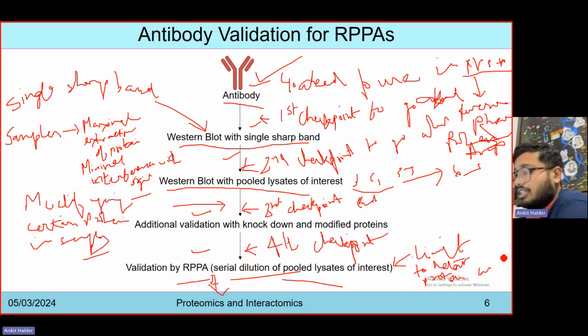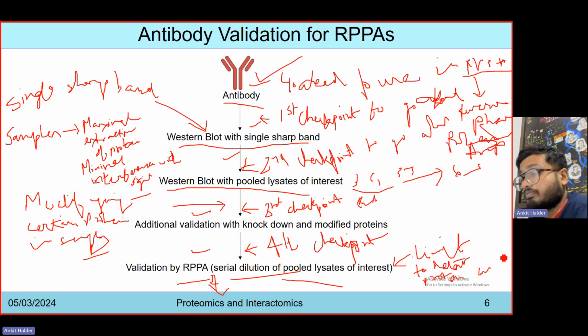And then finally, validation by RPPA serial dilution of pooled lysates, which you can take forward, and only then can you give the go-ahead for that particular antibody to be used wherever you wish to take it forward. So these are the important things.